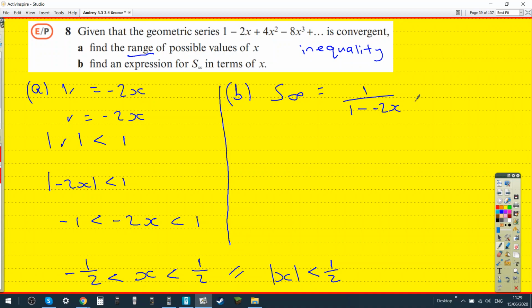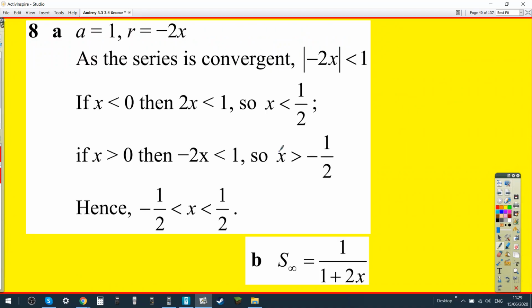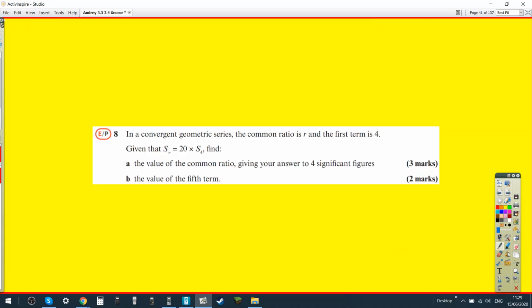Yep. And it's kind of my own fault for deleting the thing, as I imagine it's a 1 mark question. There we go. And the minus minus just turned into plus. And then, yeah, x is between a half and minus a half using that. Any questions there? No. Okay, let's see this one.